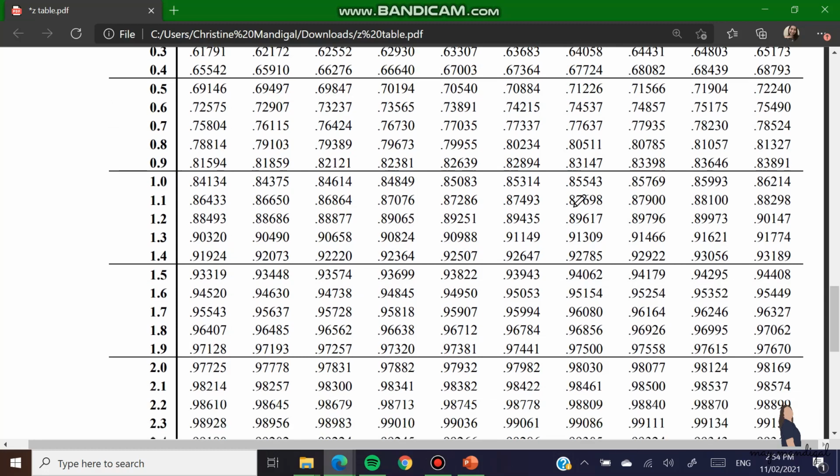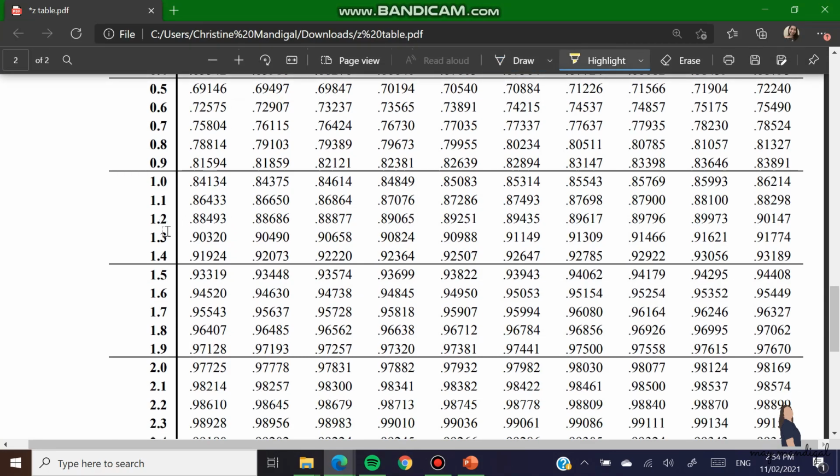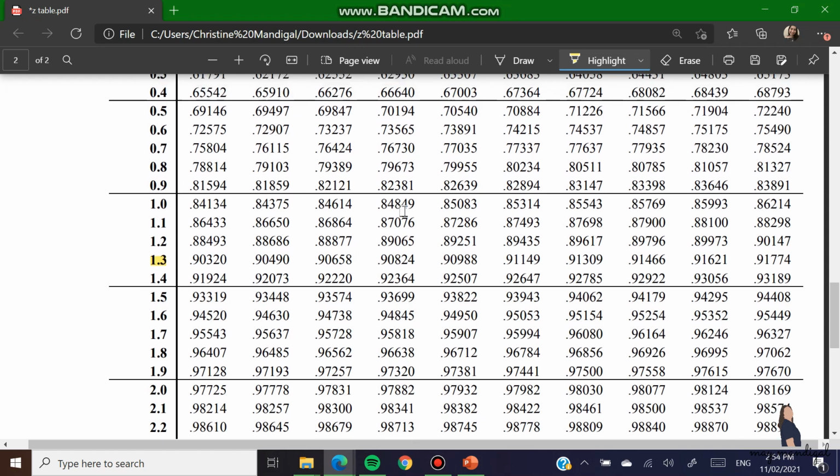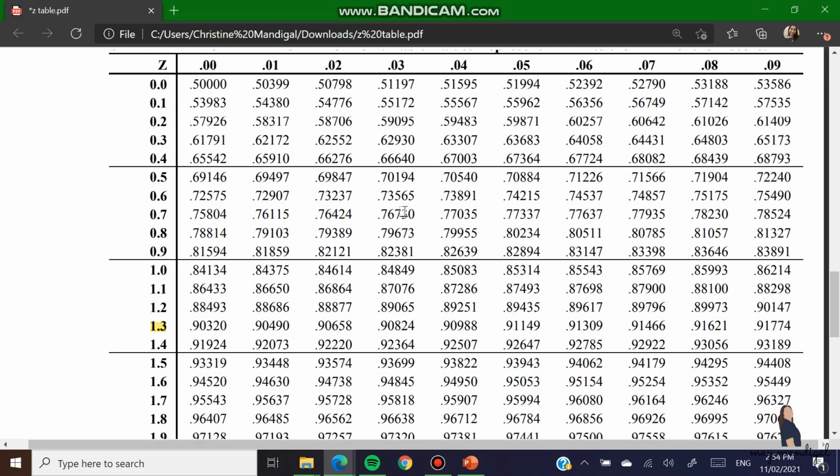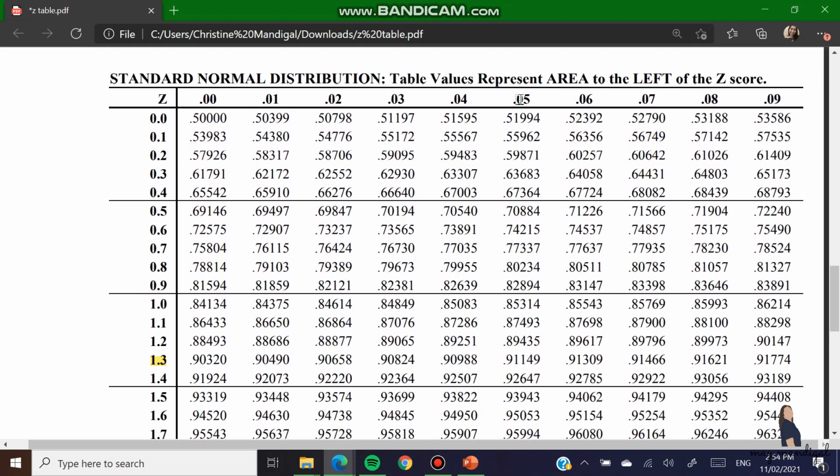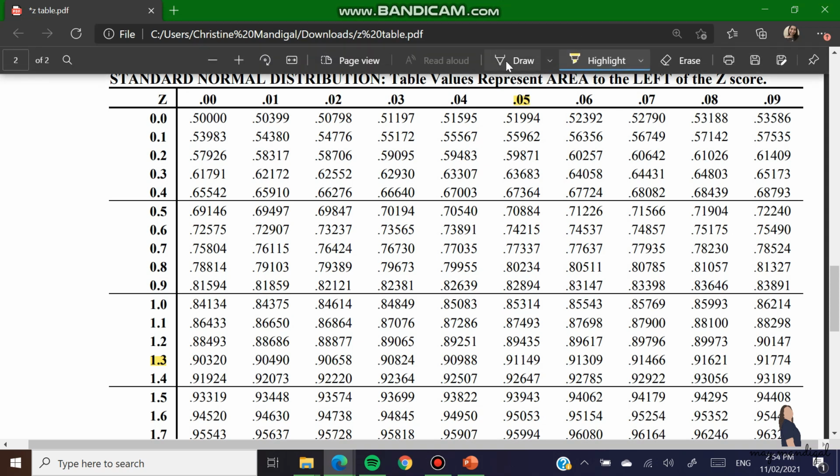So here we have 1.3, and again we have to go to the column with 0.05, because what we need is 1.35. So this one right here, and then just look at the intersection of the two. So this one going down up to 1.3, and this one there.